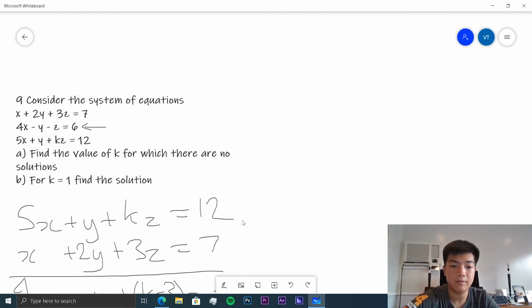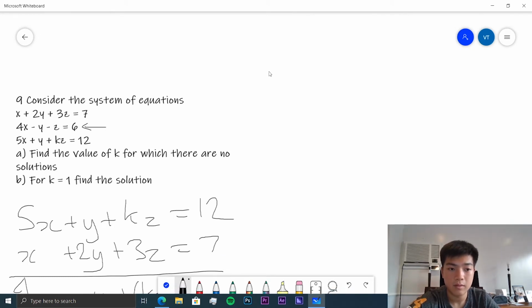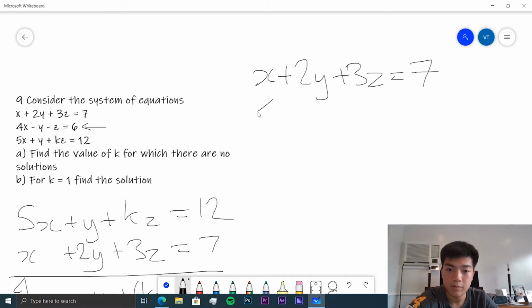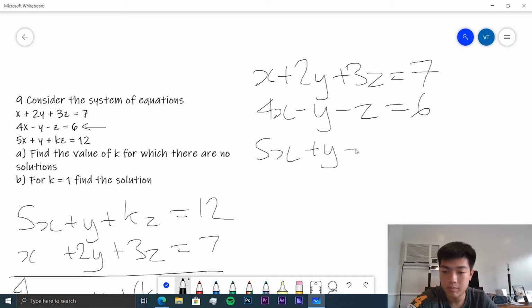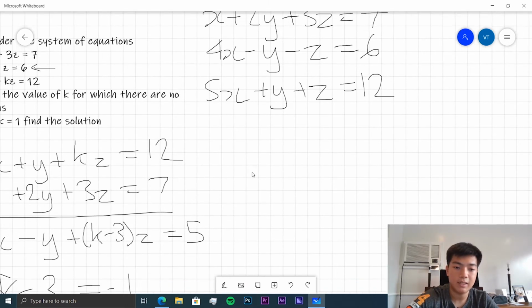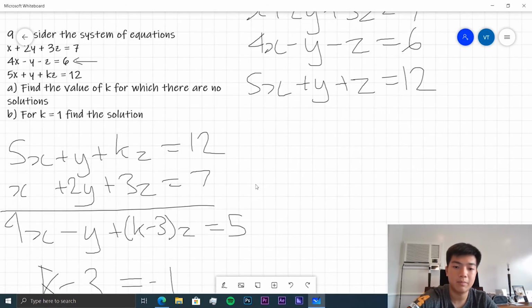So we have x plus 2y plus 3z is equal to 7, 4x minus y minus z is equal to 6, and 5x plus y plus z is equal to 12. So again, we can rearrange this, and from this bottom one, we subtract it.